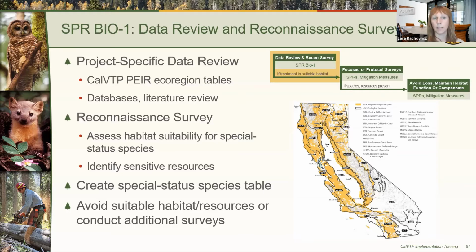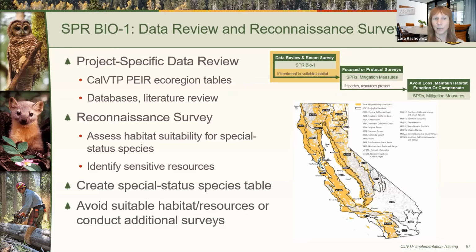The map here on the slide is figure 3.6-1 of the program EIR and shows the different ecoregions and also provides the treatable landscape in yellow. The biological resources environmental setting and appendix Bio 1 of the program EIR identify the potential special status species and sensitive natural communities that may occur in each ecoregion.